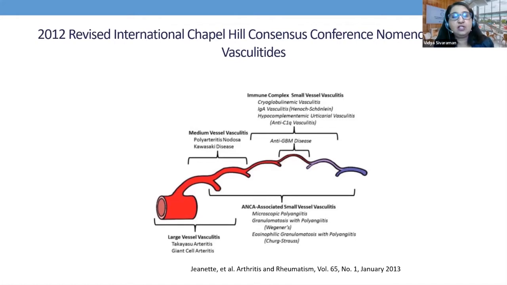And so this includes a group of conditions that we'll talk about in a couple minutes. The new names for these are microscopic polyangiitis, or MPA, one that is called granulomatosis with polyangiitis, or GPA, and the old name was Wegener's. And then there's a condition called eosinophilic granulomatosis with polyangiitis. That's a mouthful. And the old name for that is Churg-Strauss disease.